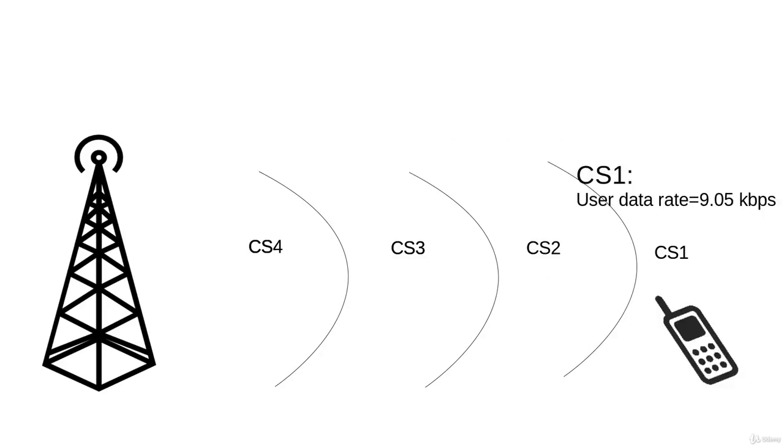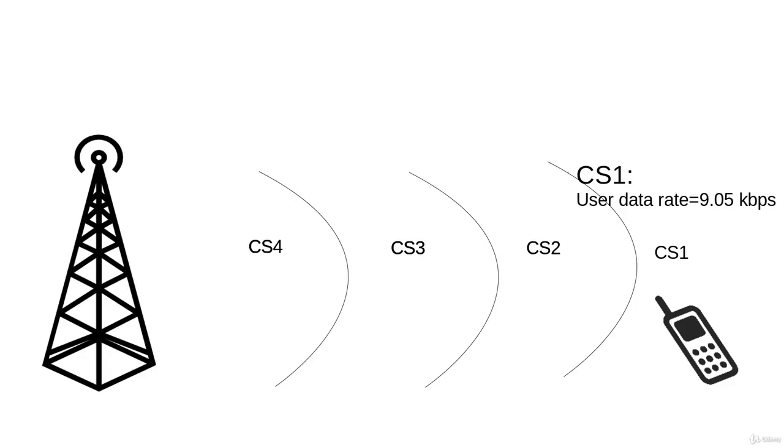And then when we go to this region, where we are the farthest from the base station, in that case we cannot have a higher data rate because we are using more and more bits for the error correction, and out of 22.8 kbps of total effective data rate, we are only using 9.05 kbps for user data, and the rest of it is being used for the error correction.